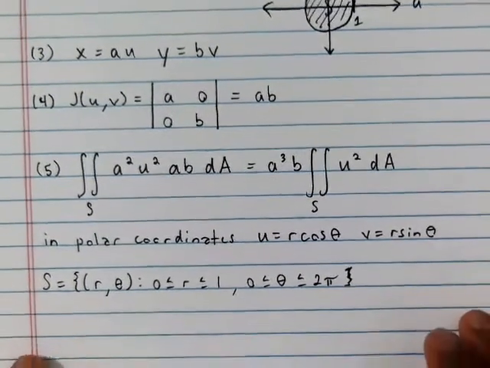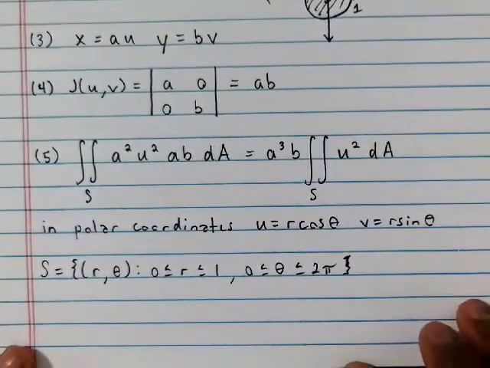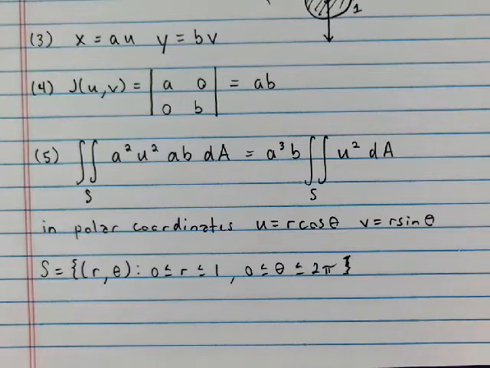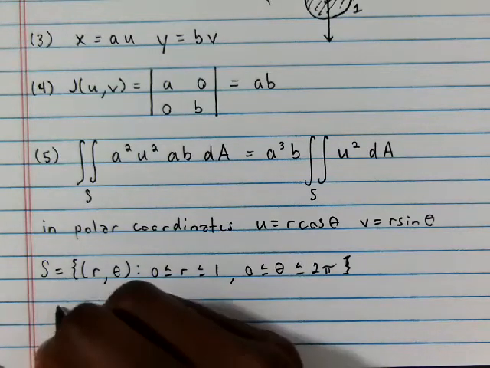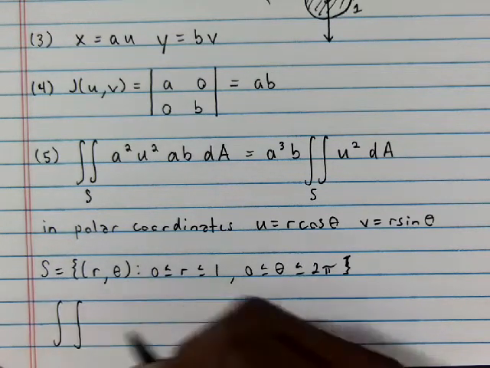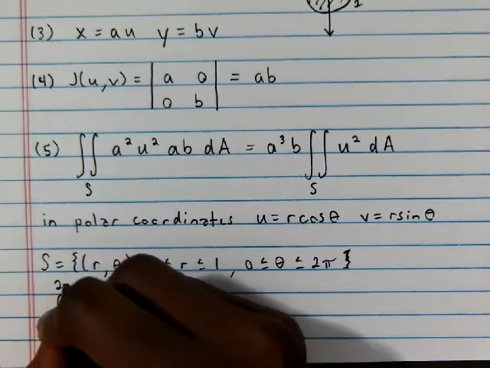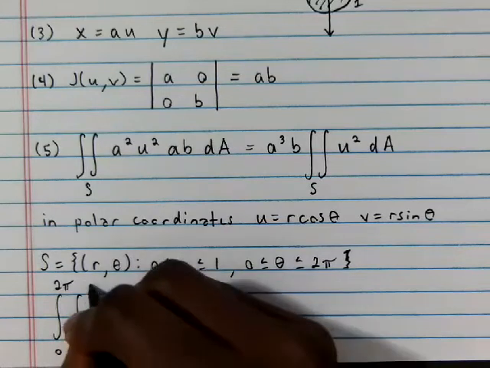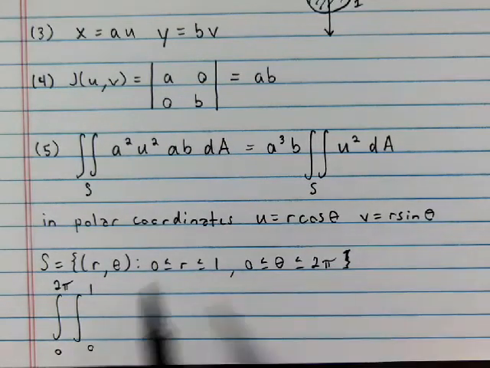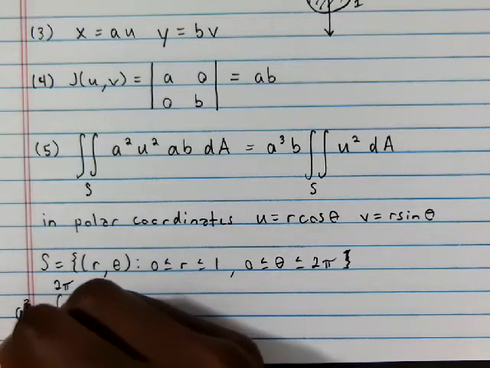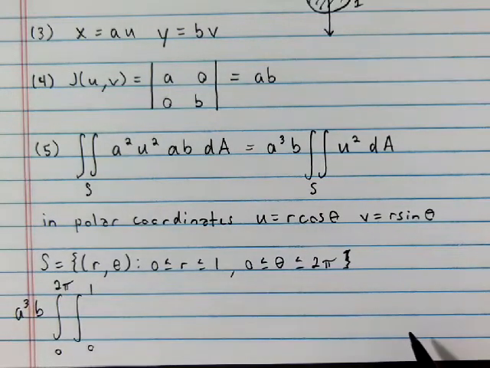So now our integral over S becomes the iterated integral where theta varies from 0 to 2 pi, r varies from 0 to 1. Oops, I forgot about my a cubed b, so let's put that somewhere. a cubed b.